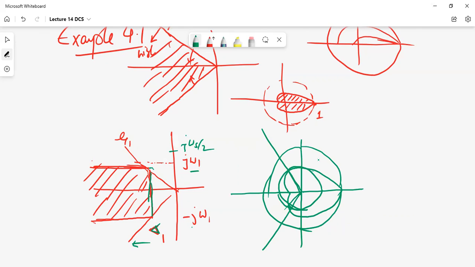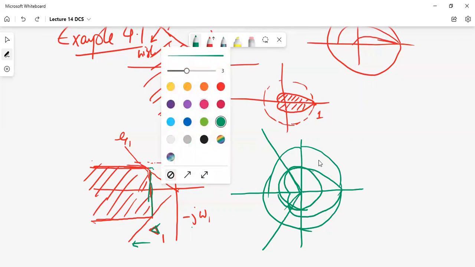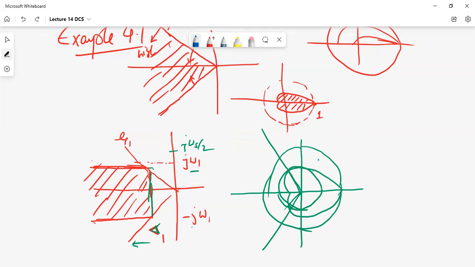Based on that, let me change the color a bit; it will be easier to figure out. What you can see is that the common part is in this portion.